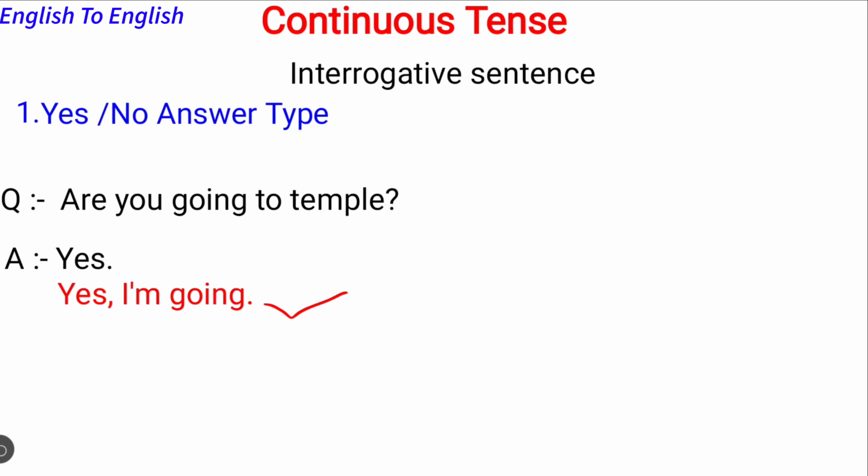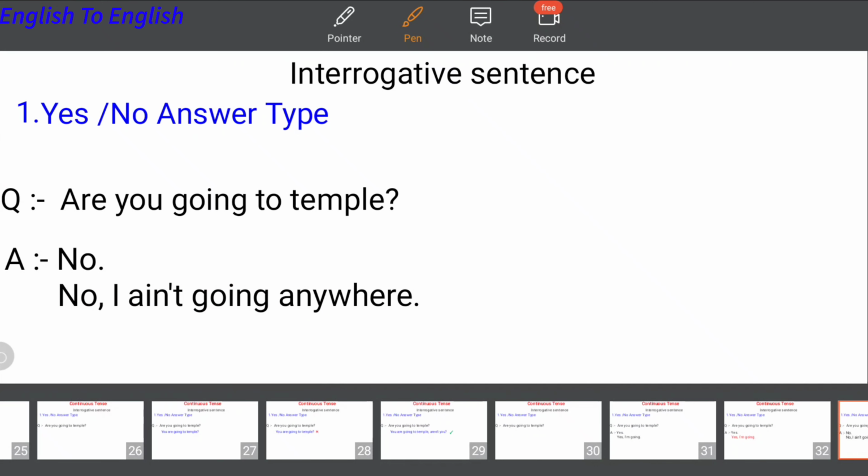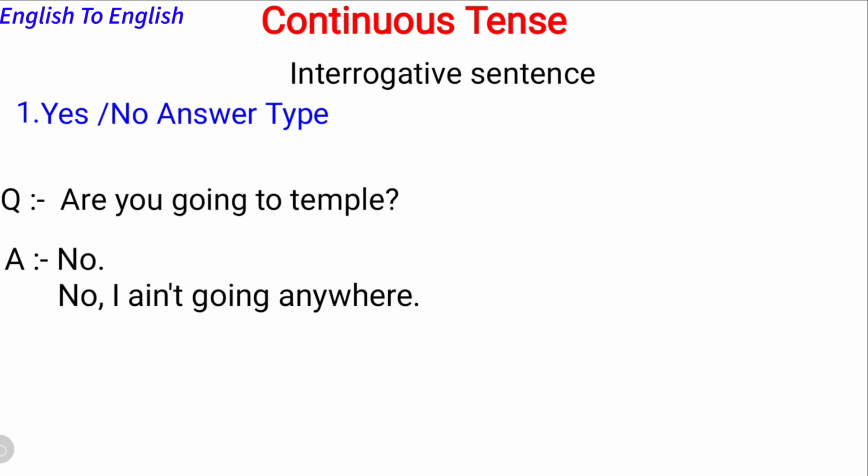This one is the better one. So try to use helping verb like I'm going. Put the yes or no, which depends on your response. If you wanna say no I'm not going, you can say no I'm not going anywhere. So it is all up to you. Whatever you wanna use you can use, but try to use the helping verb form like no I'm not going anywhere. Yes I'm going.